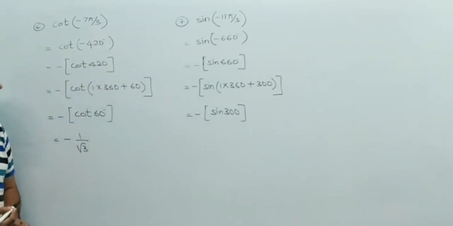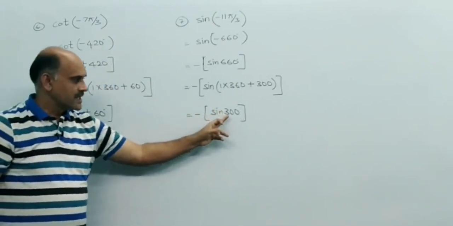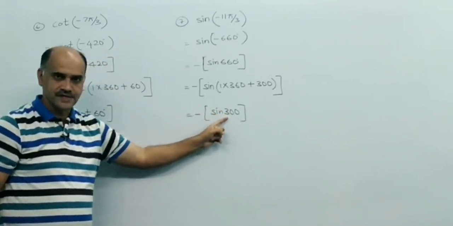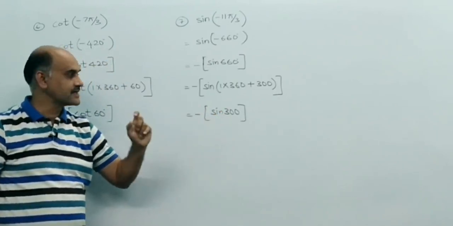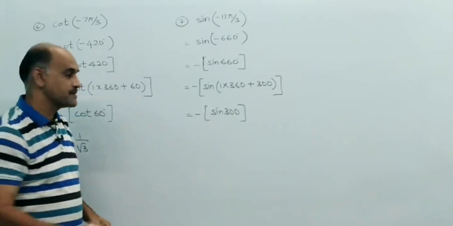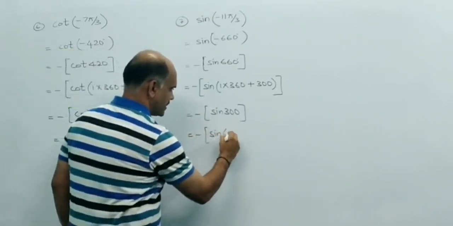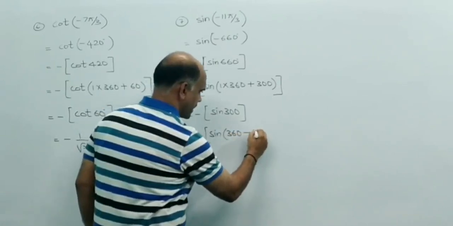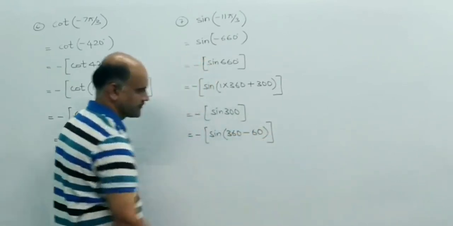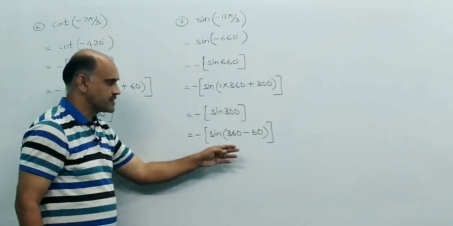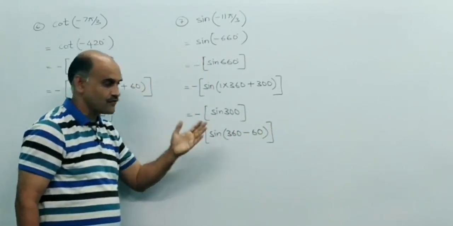Now again you simplify. 300 is less than 360, it is near to 360. So 300 is written as 360 minus 60. So minus sine of 360 minus 60. 360 minus means it is in the fourth quadrant.